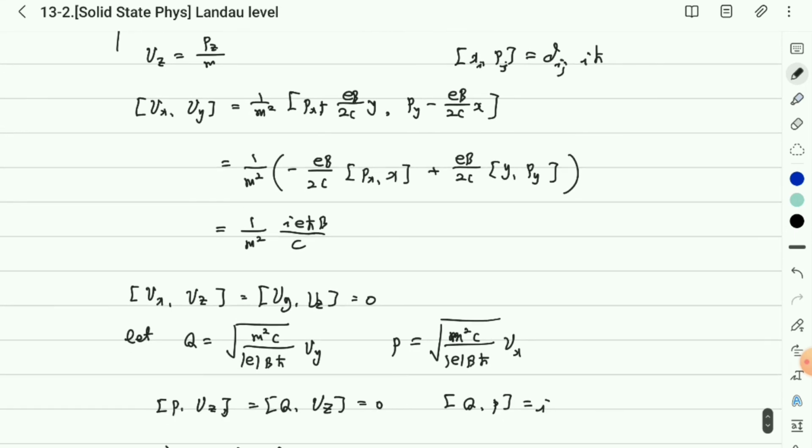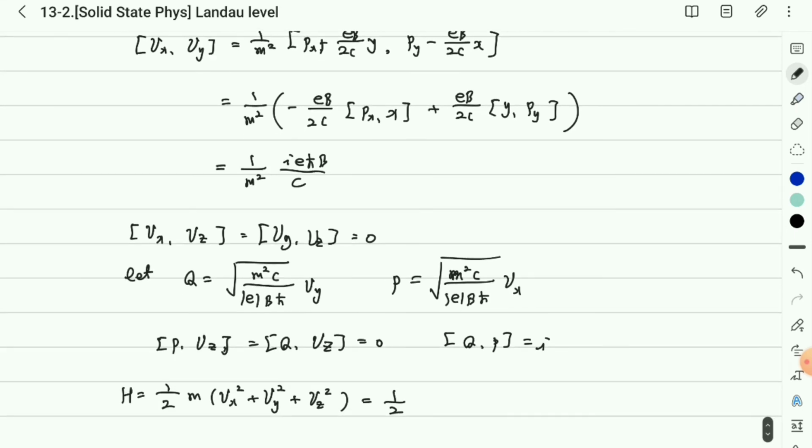You can simply calculate, and the result is that Vx and Vy give the square root of eB h bar over m squared c times (q squared plus p squared), and Vz squared is separate.